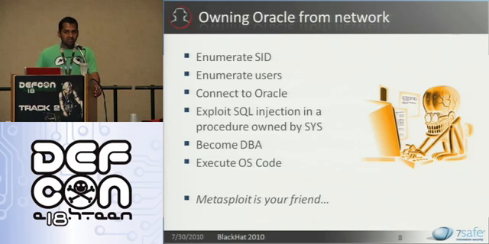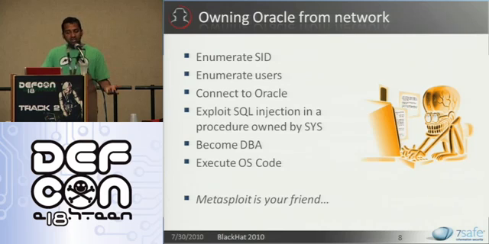You first enumerate the SID, which is the database name. You then enumerate some common users, Scott/Tiger, sys/change_on_install, some weak passwords. Once you have done those two steps, you connect to the Oracle database, hopefully with some unprivileged user. Once connected, you find a procedure which you can execute, which runs with the privileges of sys maybe, and has a SQL injection.